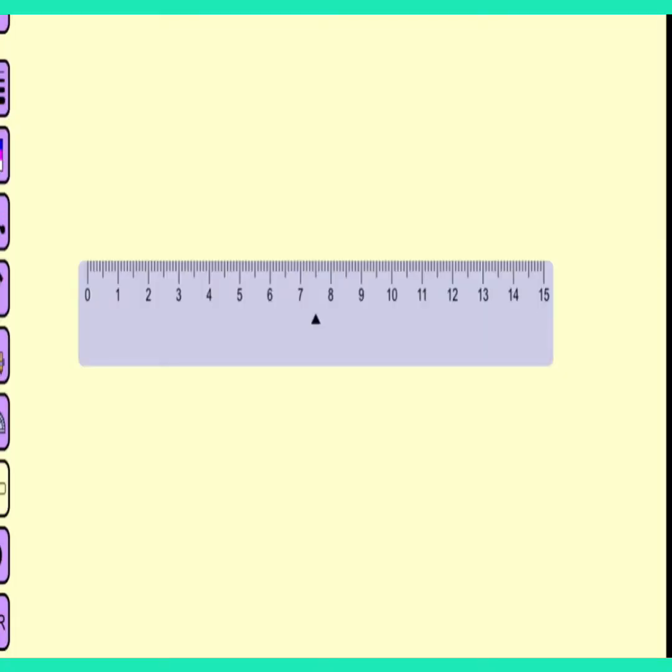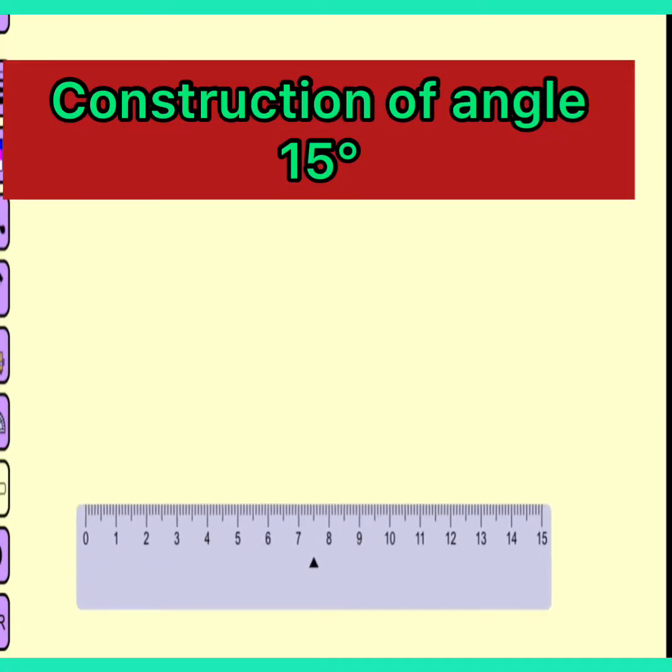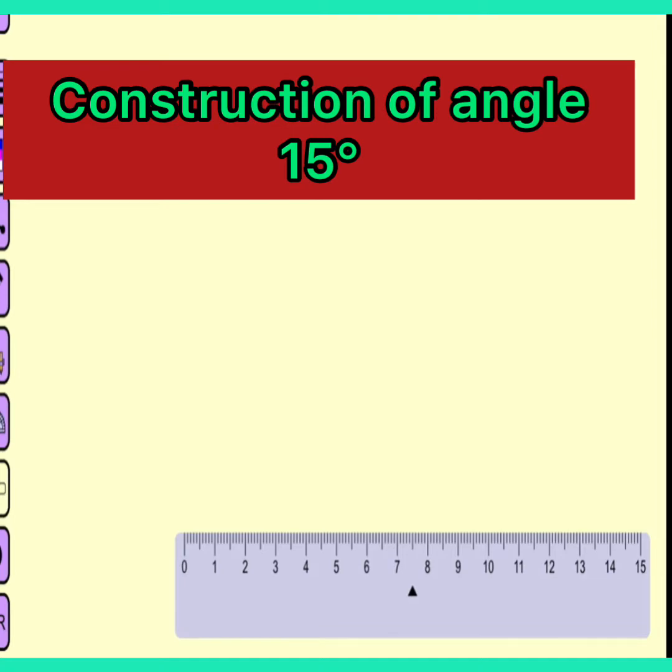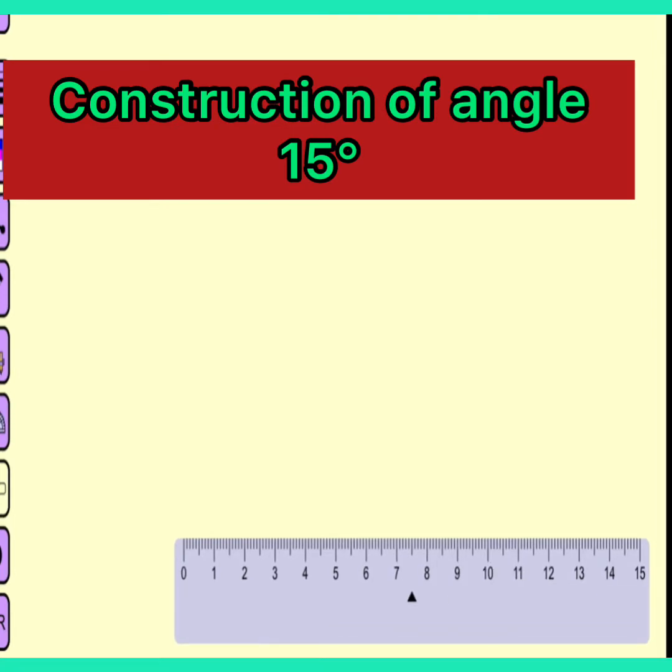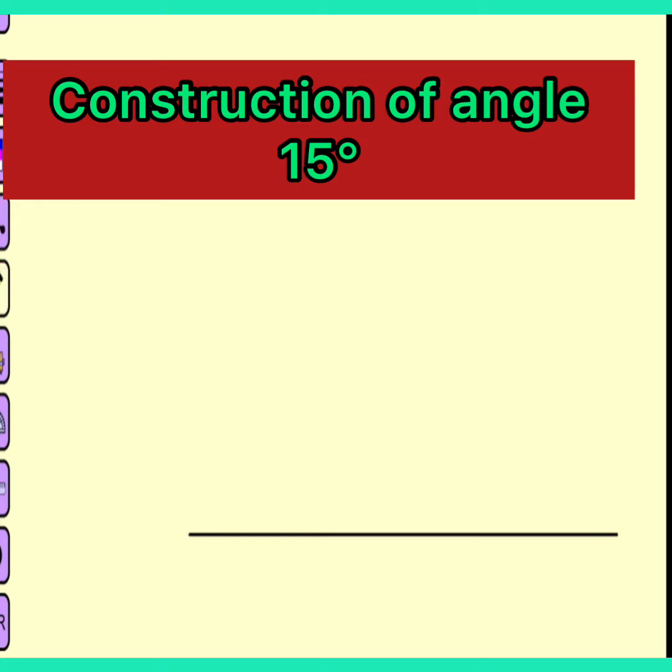Dear, first of all we will take a ruler as you see just here and draw a ray just like you can see here, and then mark the name of this ray as anything, let OX.